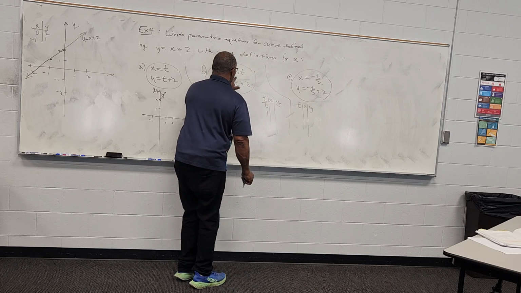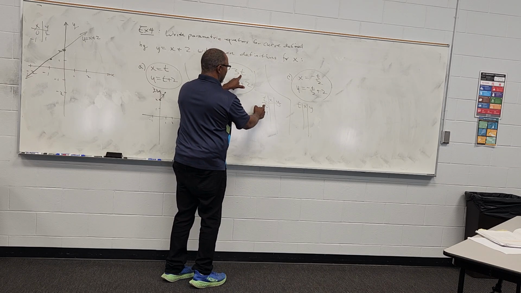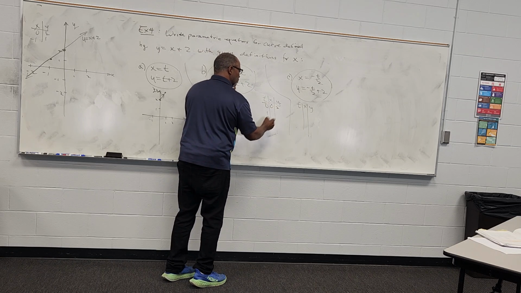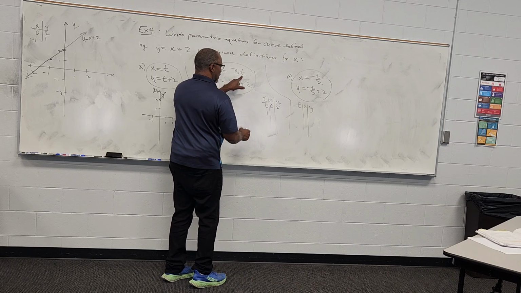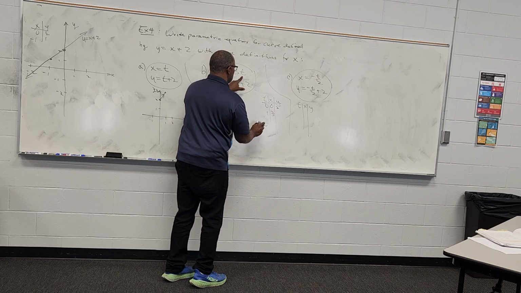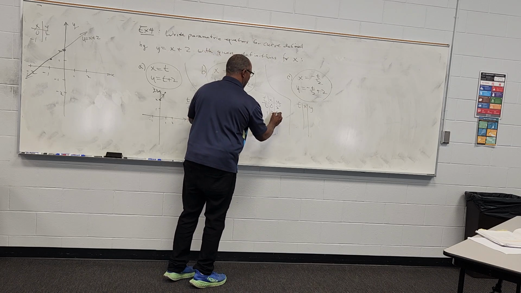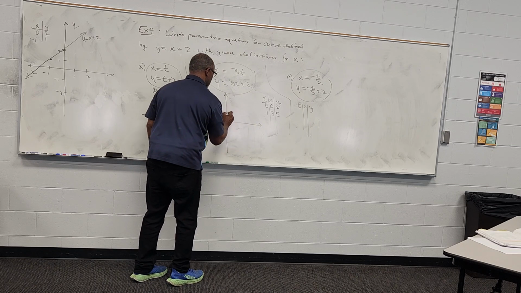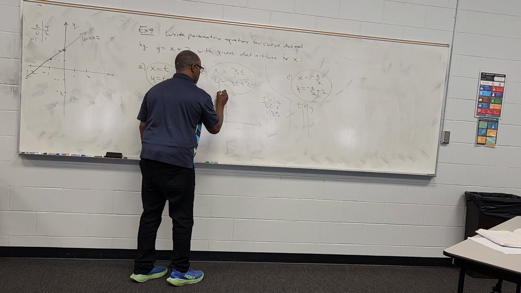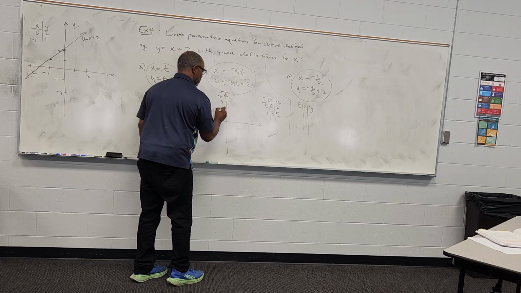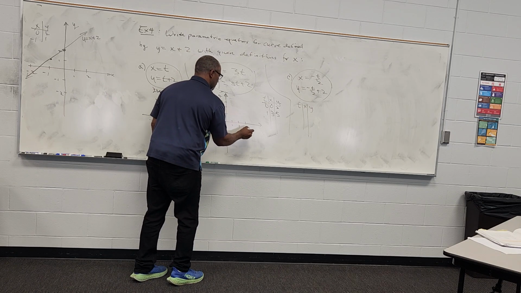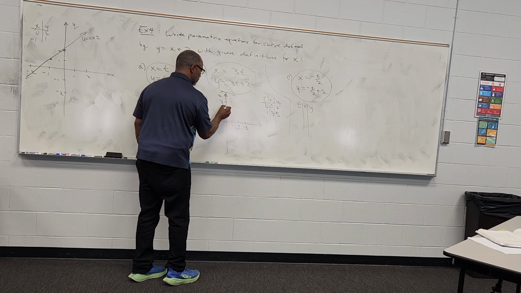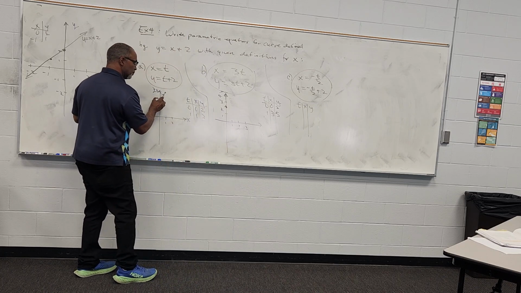Let's do 0 to 1. When t is 0, x is 3 times 0, or 0. When t is 0, y is 0 plus 2, or 2. When t is 1, 3 times 1 makes it 3 for x. When t is 1, 3 plus 2 makes y 5. So as t goes from 0 to 1, this parameterization starts off at 0, 2, same place it did here.